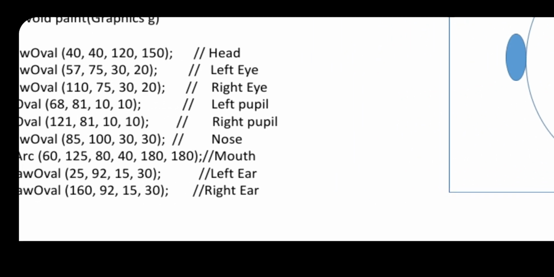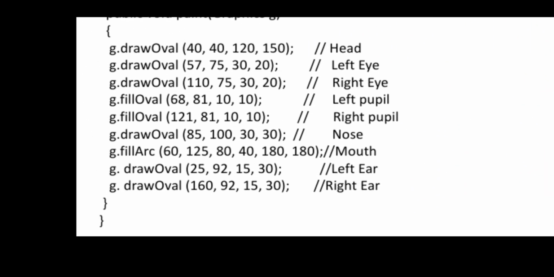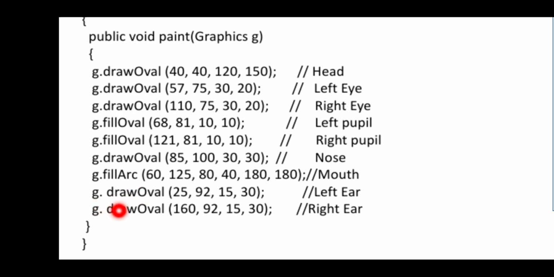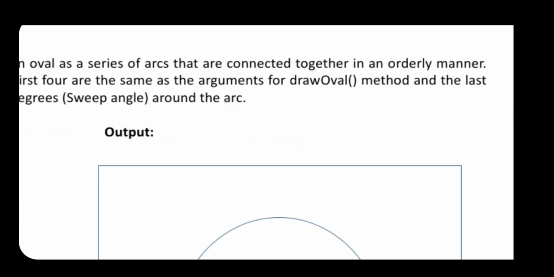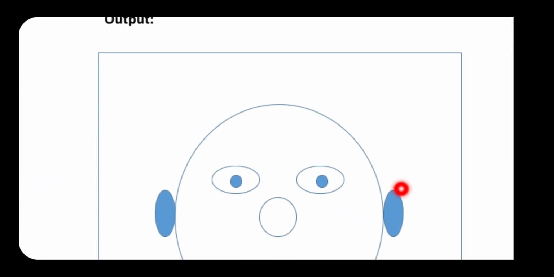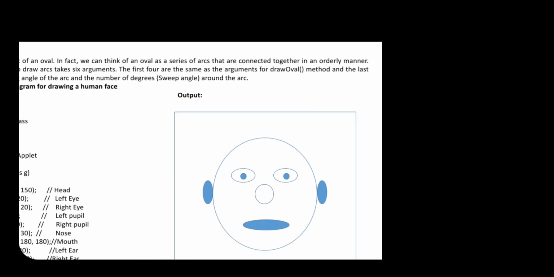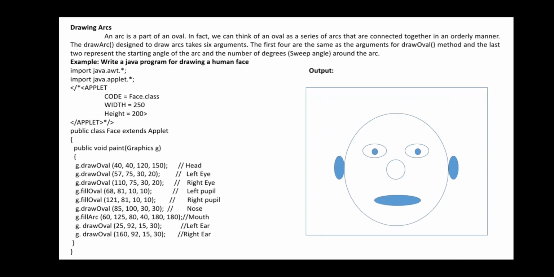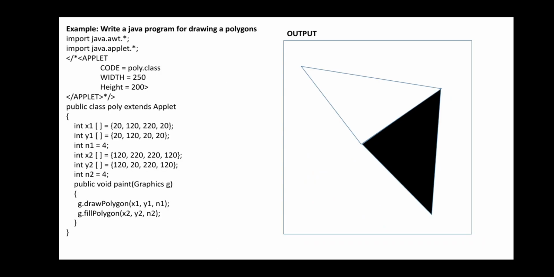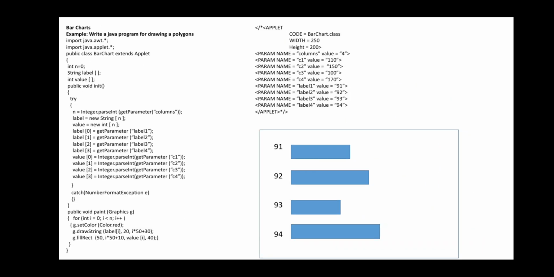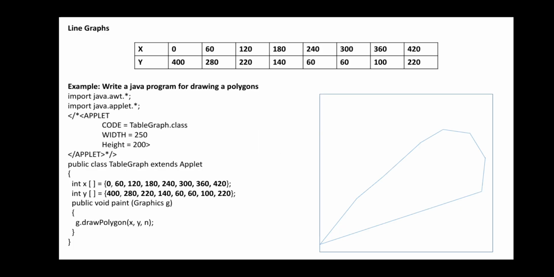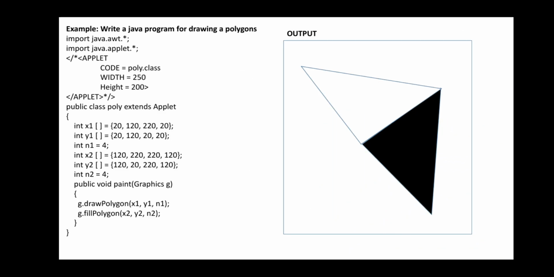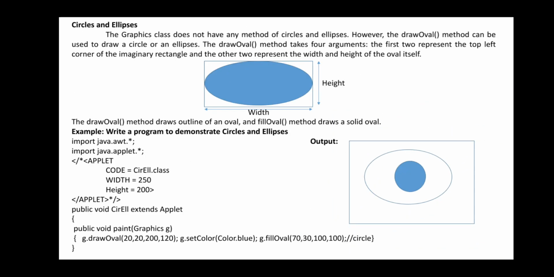Then g dot draw oval 160 by 92, 15 by 30. So the right ear is going to be drawn here. So this is how you are going to draw circles as well as ellipses.